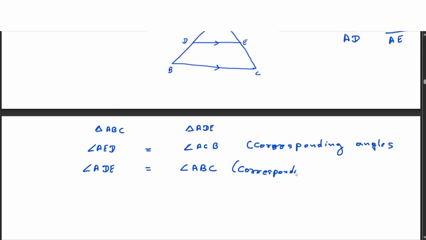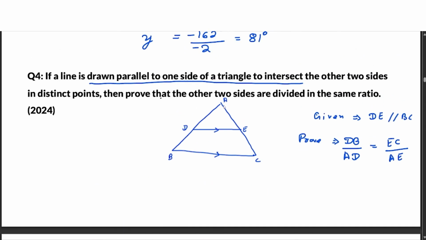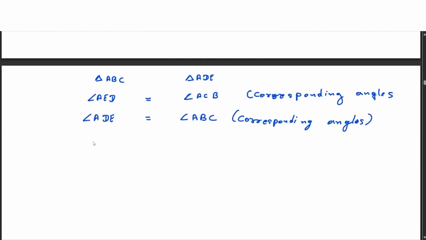After that, this is a common angle here: angle EAD is a common angle in both triangles.